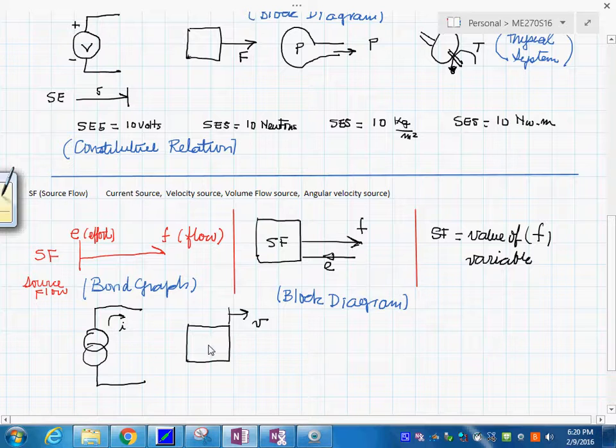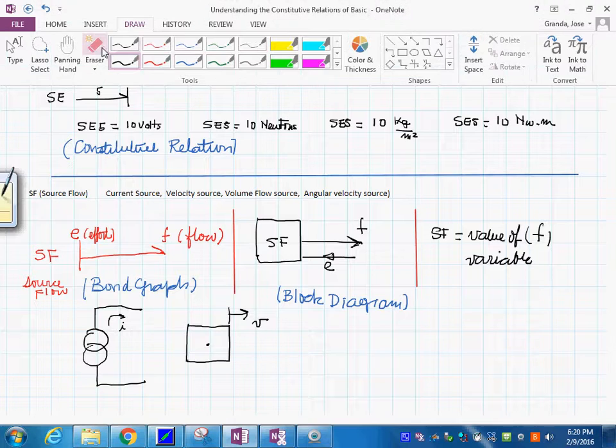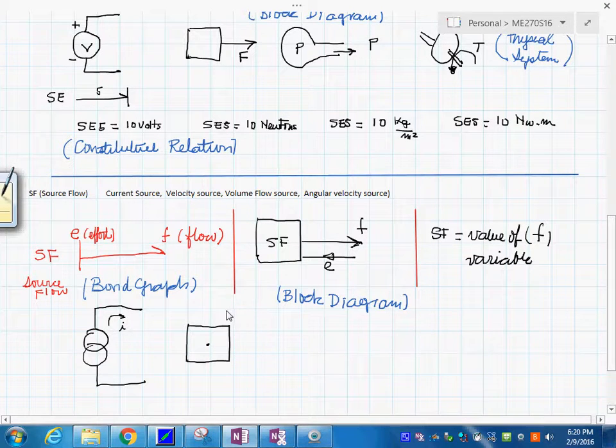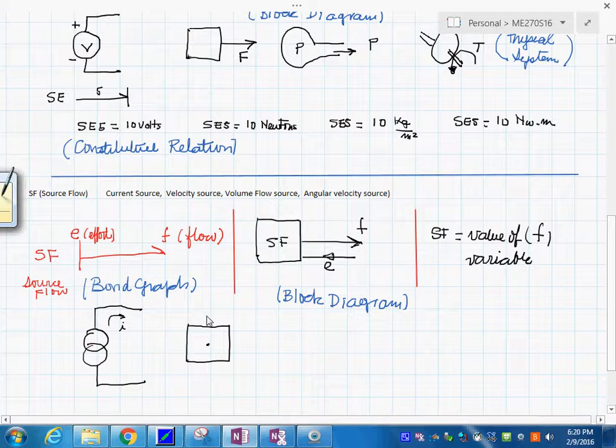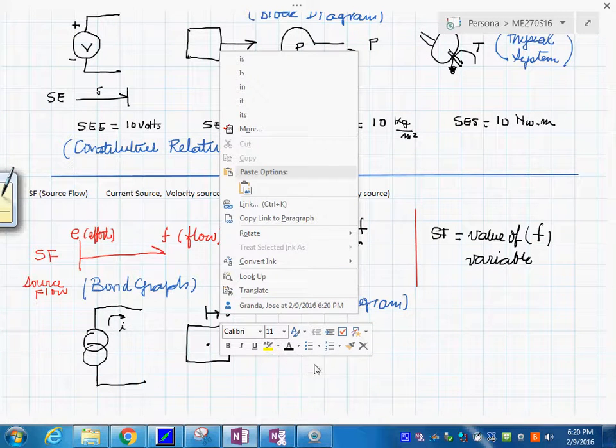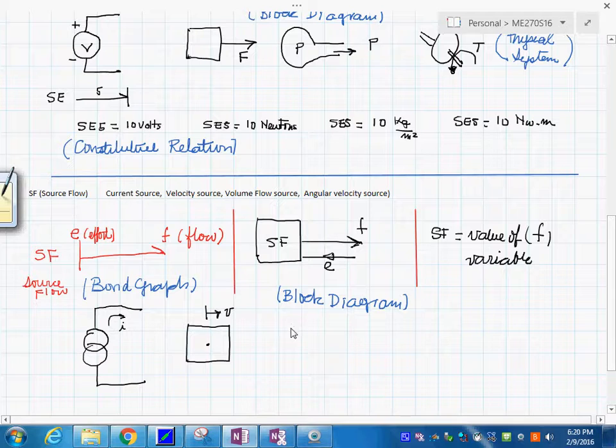So in this case, in amps, this other one in velocity units, meters per second, this one is the volume flow rate, which is going to be in cubic meters per second, yeah? And on this one, if you have a torsional system like this, what you specify here instead of the torque is the angular velocity.